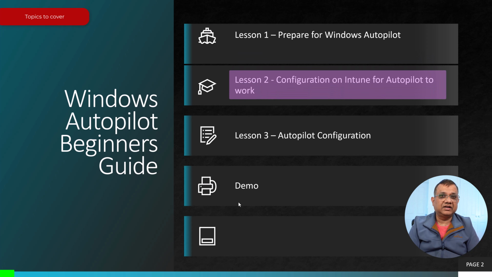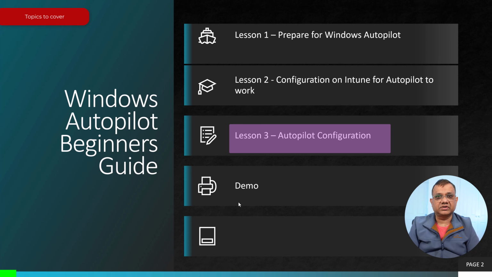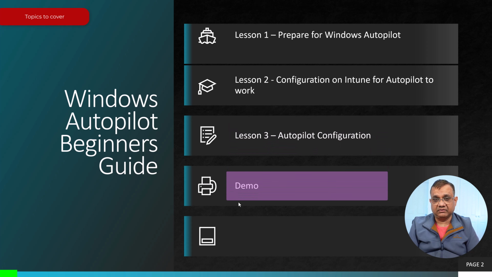These are the basic configurations which will be required, for example creation of an Intune account, that Entra ID Premium account, and a few other things. And lesson 3 is more focused specifically on the Autopilot configuration. After that we will do a demo, where we are going to use a Windows 11 device as an Autopilot device and show how the look and feel will be.